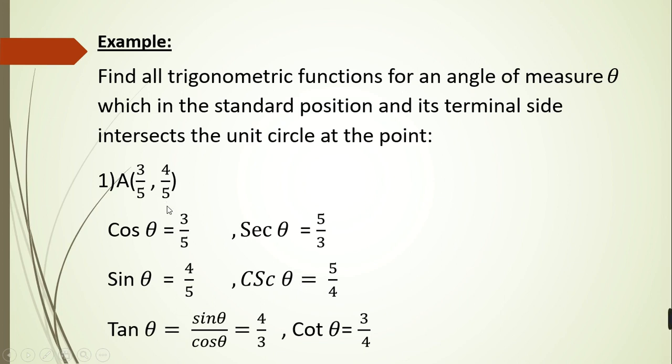Tan theta equals sine over cosine, 4 over 5 divided by 3 over 5, equals 4 over 3. And cotan theta, we just flip the number, so cotan theta is 3 over 4. This is when he gives me the 2 coordinates and I don't have any missing number.